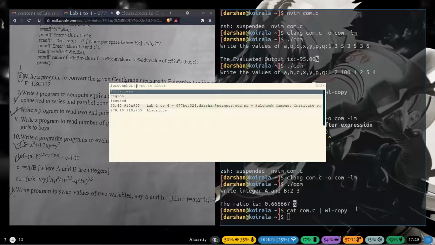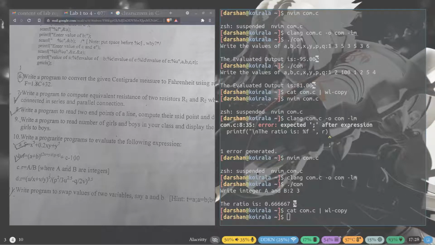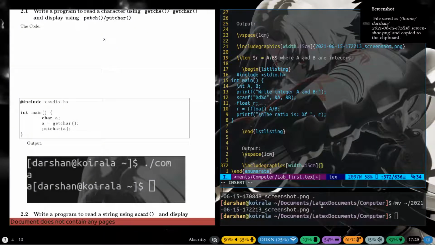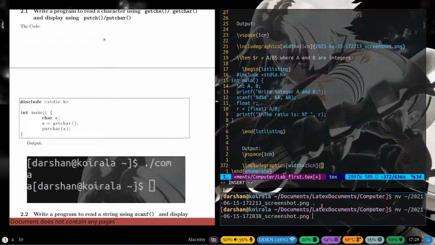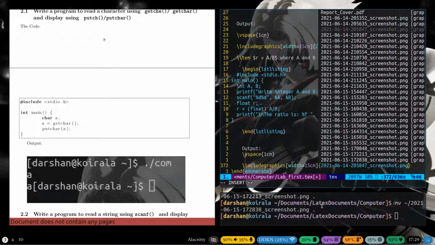No. So screenshot is this thing, yeah. So MB 2021 dot, underneath the last one.